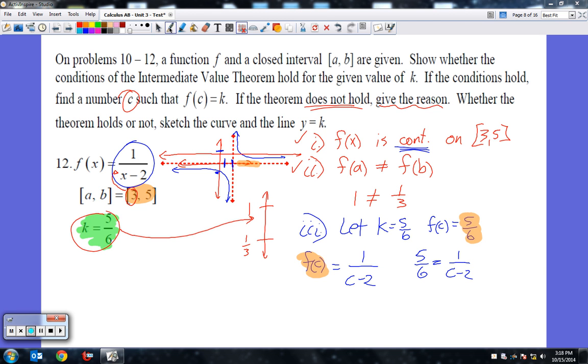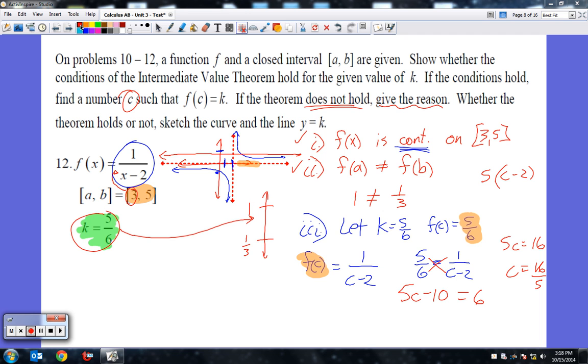If I cross multiply, I'll get 5c minus 10, because I distribute: 5 times c minus 2 is equal to 6. Add that over, we get 5c is equal to 16. Therefore, c is equal to 16/5, which is 3 1/5, or 3.2.